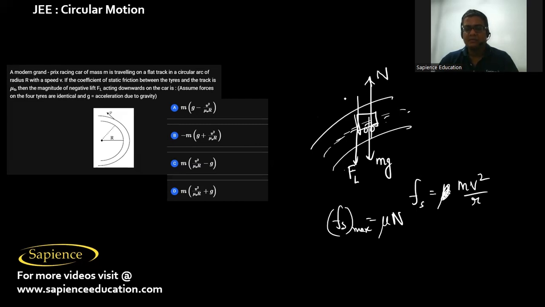So it will be the force, the drag force, which is exerted by the air, vertically downwards on the moving car. The car is moving with a speed v, and the radius of the circular track is r, and the static friction will provide the necessary centripetal force.